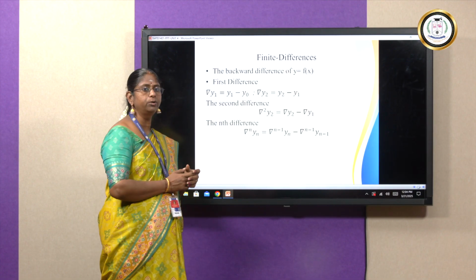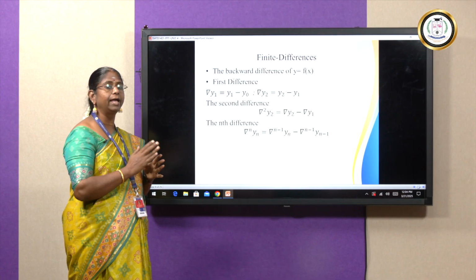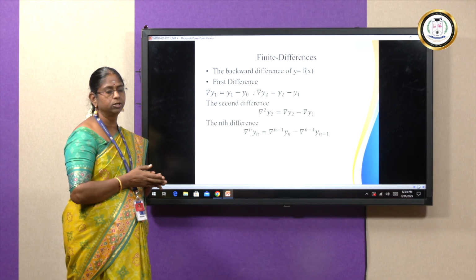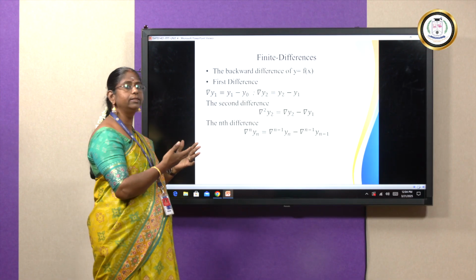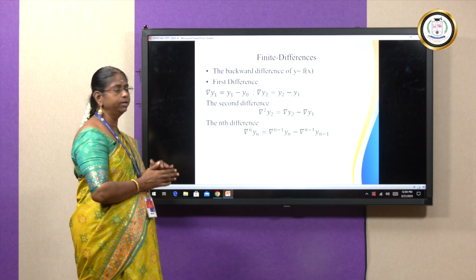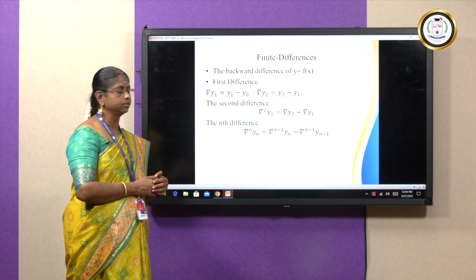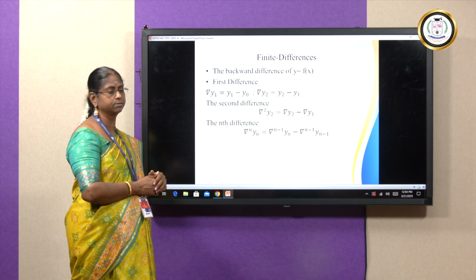I could not find del y naught, because if I want to find del y naught, I need y minus 1. So y minus 1 is not in the table. So we cannot find del y naught. So that is why we started from del y1. So del y1 is equal to y1 minus y naught, and del y2 is y2 minus y1. Like this I can find the successive first differences.